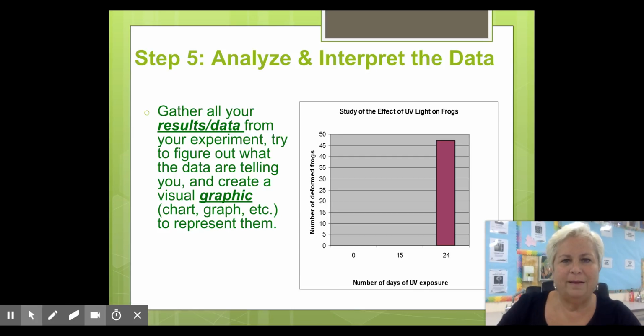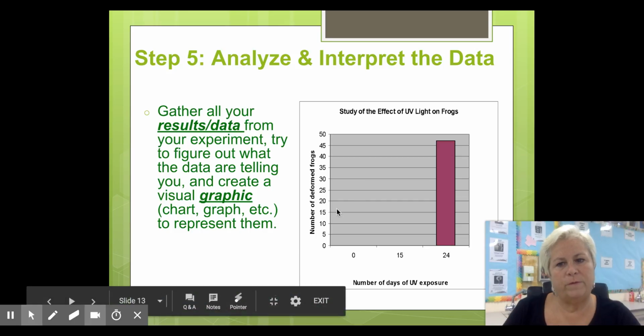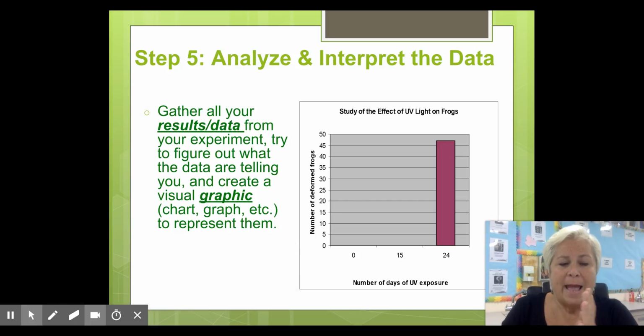It's really exciting. This is an example of a visual representation of data that was collected. I was able to find a graph that also had to do with an experiment about frogs. But in this case, rather than exposure to pollution, it was exposure to ultraviolet light that the scientists were testing.